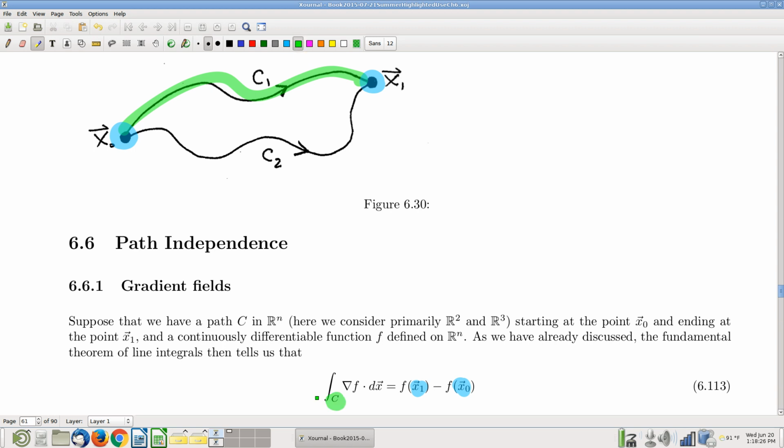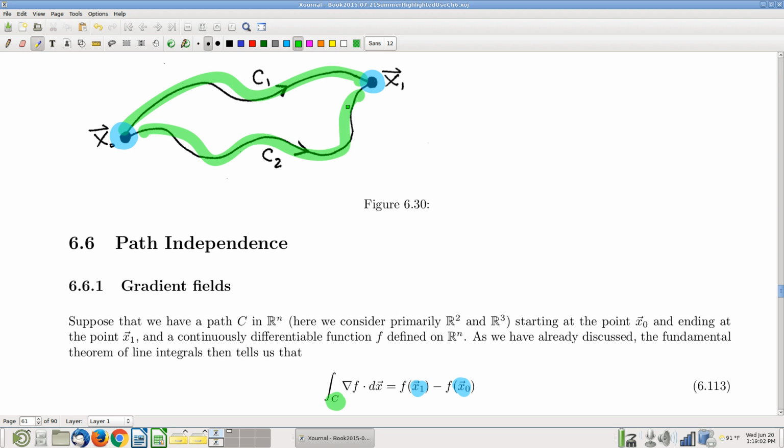So if I take a line integral of some gradient field, gradient f, whatever f is, the formula I'm going to get is f of that point minus f of that point. Well, here's the thing. What if I used this curve instead? C1 and C2. Well, C2 is a totally different curve. It's a totally different line integral. I mean, hardly any of the points on C2 are the same as any of the points on C1.